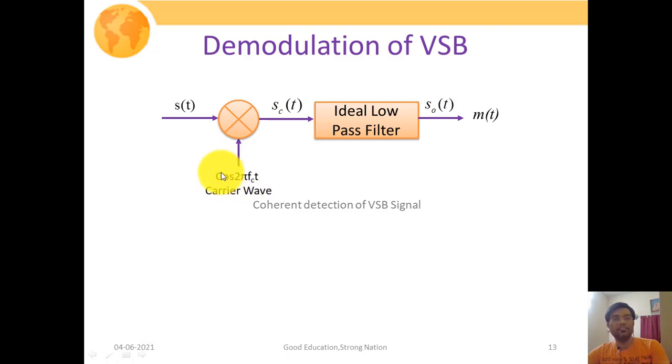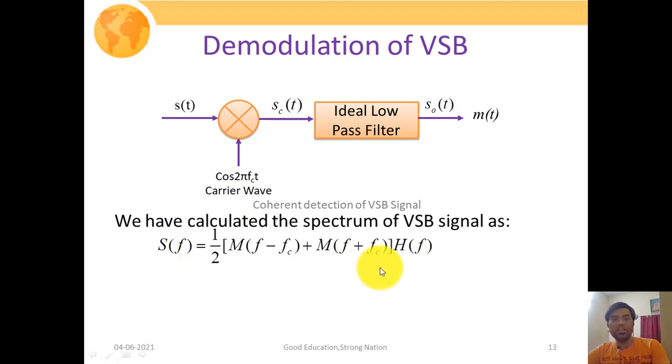The carrier cos(2πf_c t) gets multiplied with s(t), and we get v(t). This signal then passes through the ideal low pass filter, by which we obtain the output signal s_o(t), which is nothing but your m(t) signal.